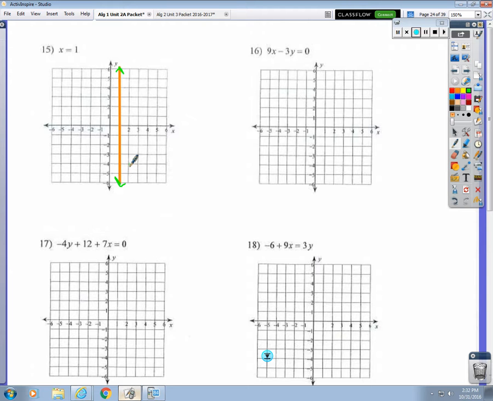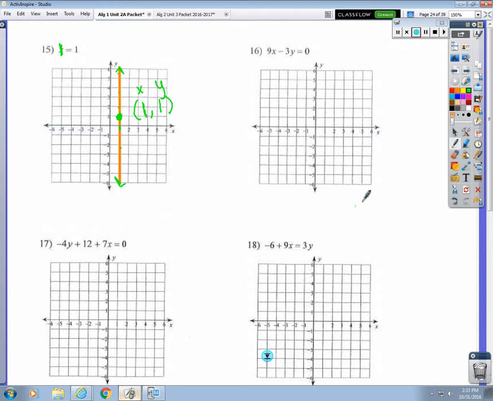A point has an x and a y value. Okay, 1, 1. In 1, 1, isn't this the x value and that's the y value? So if we plug in the x value of 1 right here, does that make a true statement? What is the x value of any point on this line going to be? A 1. That's why all of them would work, because 1 equals 1.